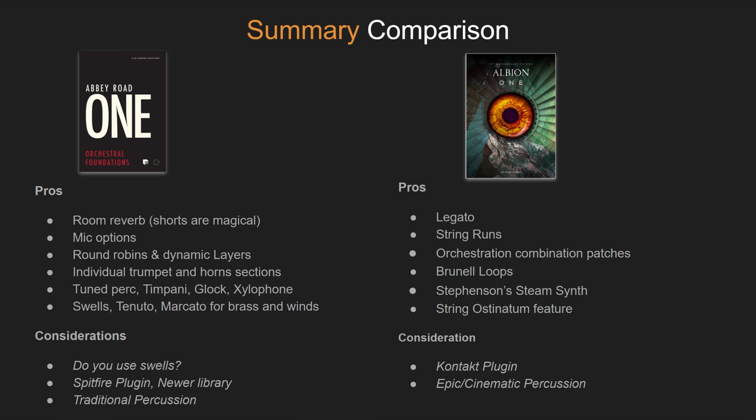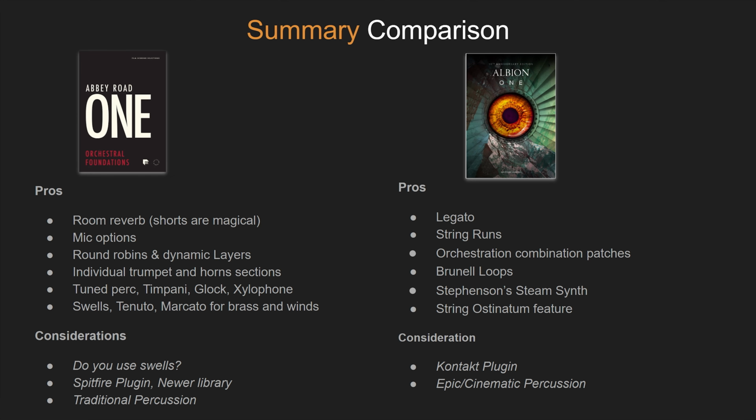Brunel loops, I barely used any of these things, but it is there if you needed it. And there's also the string ostinatum feature, which I'm not sure if a lot of people knew about this, or I think a lot of us just do our short ostinatos and stuff like that directly with MIDI notes right within Cubase in your MIDI parts and events there.